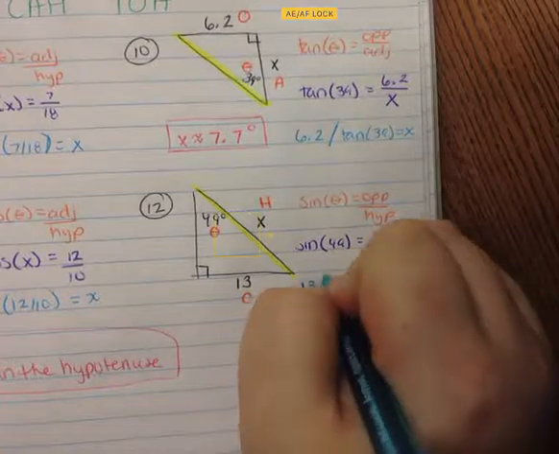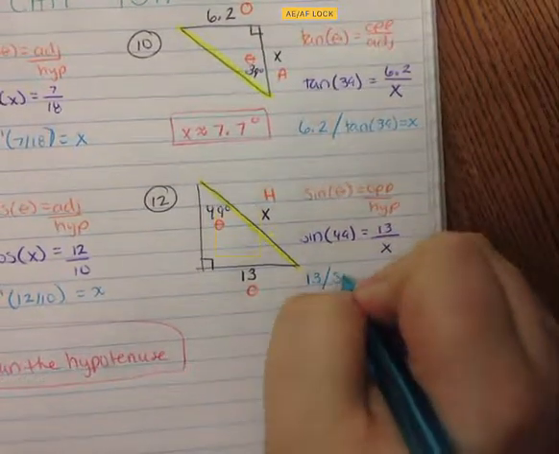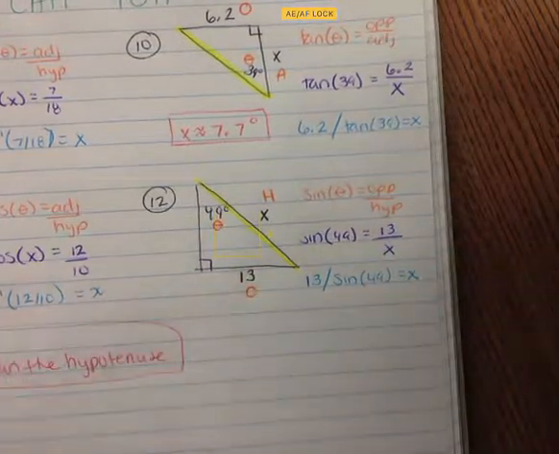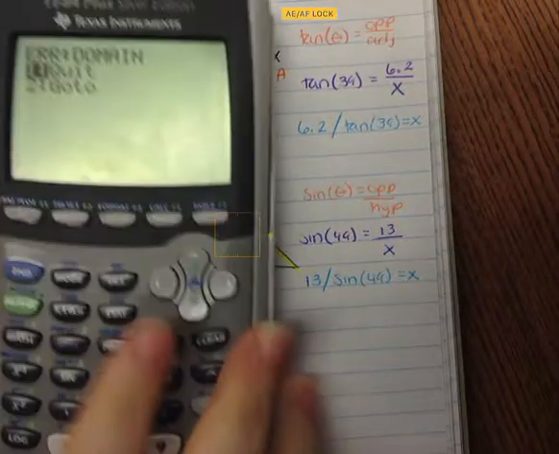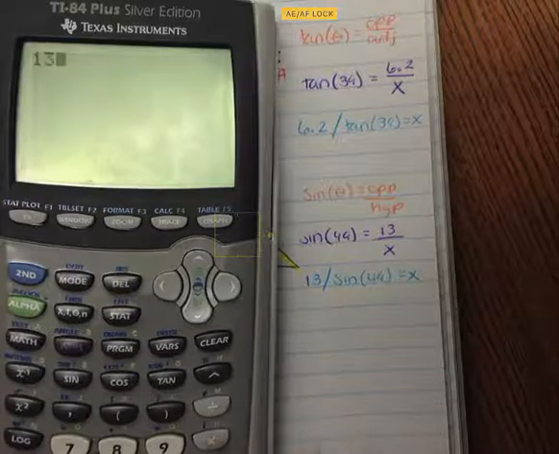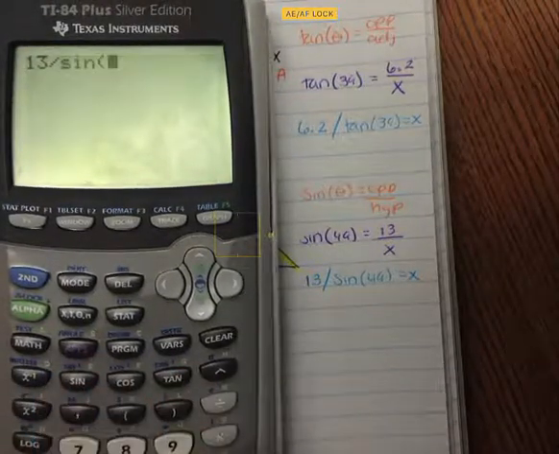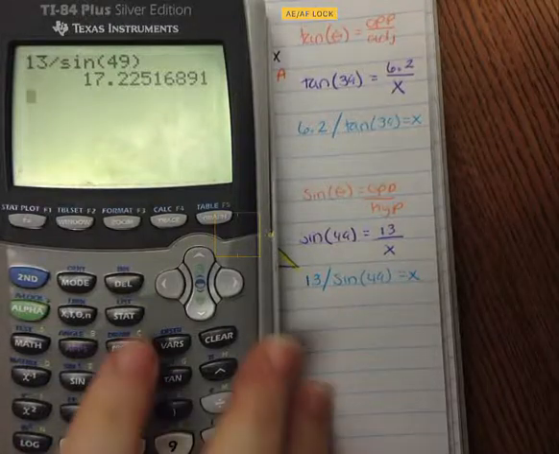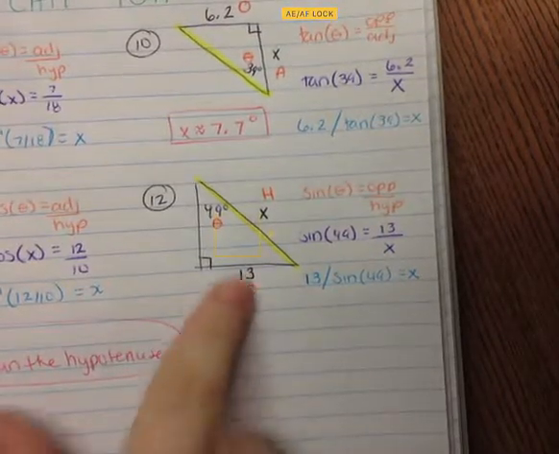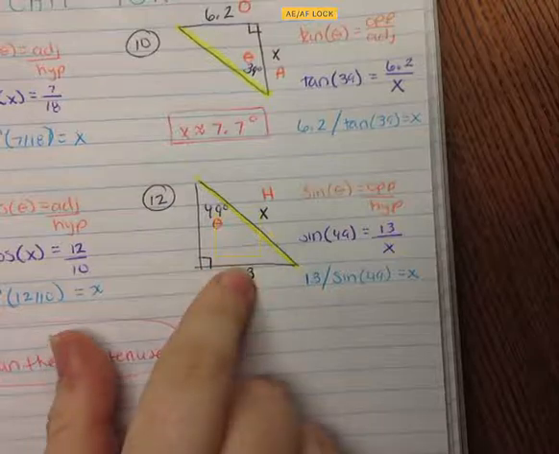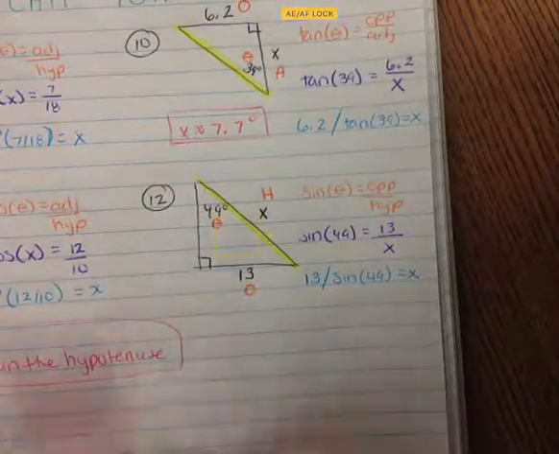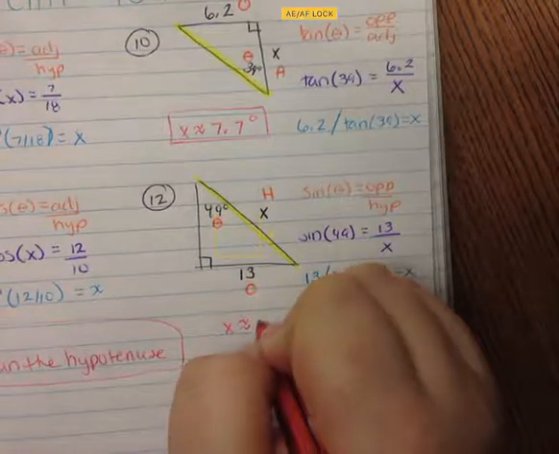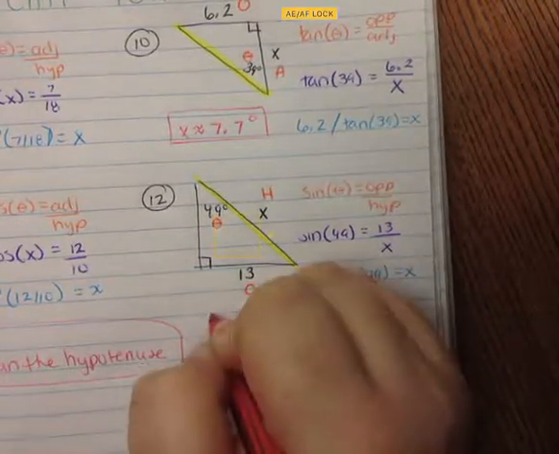So 13 divided by sine of 49 degrees, close your parentheses. We get 17.2. Now the hypotenuse is 17.2, which is larger than the 13, so that should be right. So x is approximately 17.2.